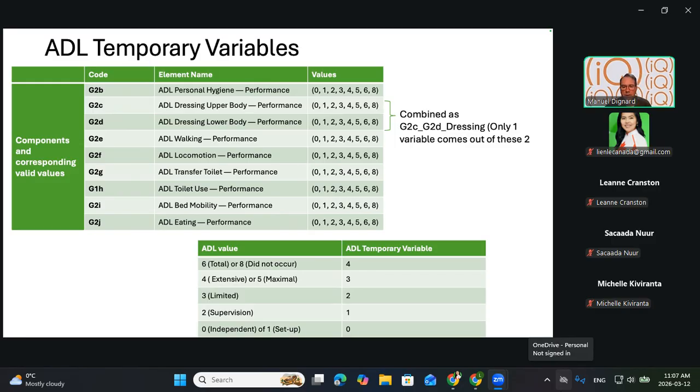Now, if you notice here, dressing upper and lower body, they actually combine them again into a single variable. So it just helps streamline the data for the analysis and the indicator calculation.